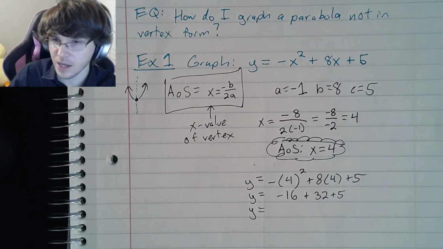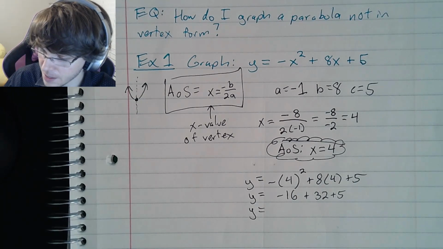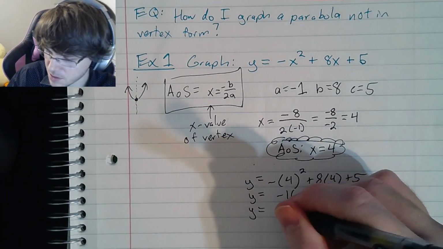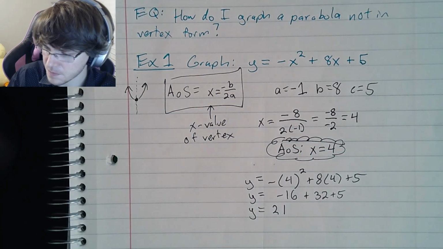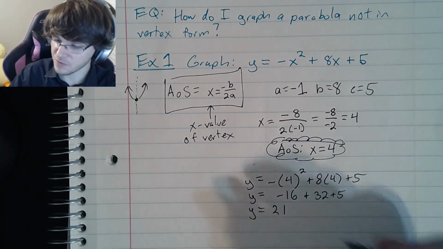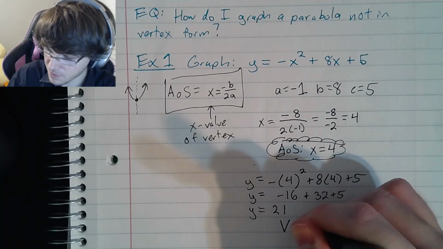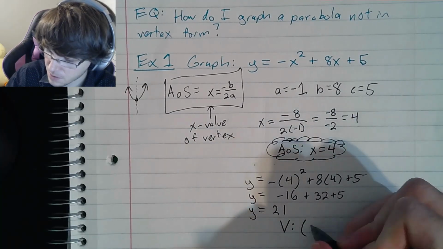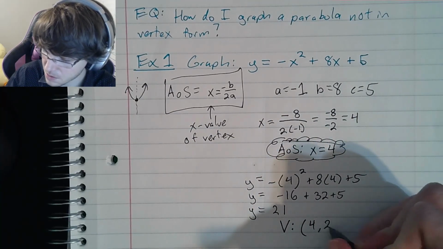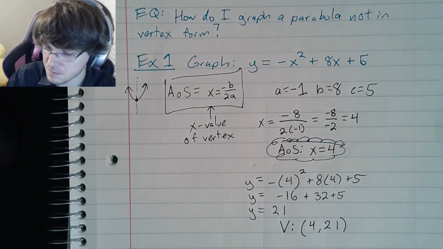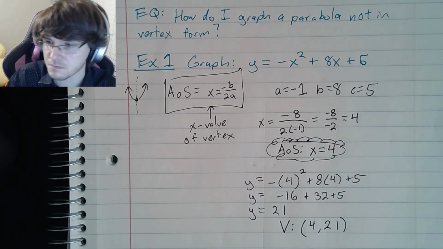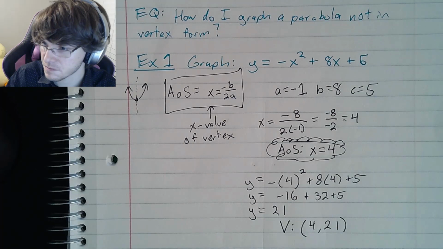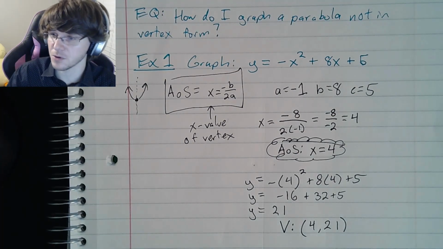And if we add that stuff up together, what are we going to get? 16 plus 5 is 21. Which means that I now have my vertex. My vertex is the coordinates 4, 21. Easy enough. That is one of the 5 coordinates I wanted.